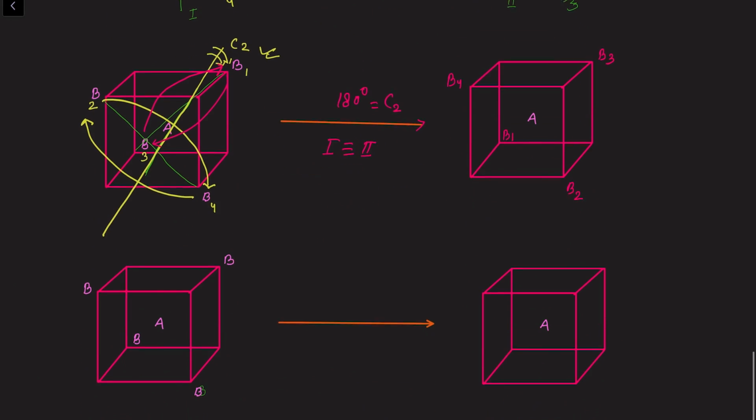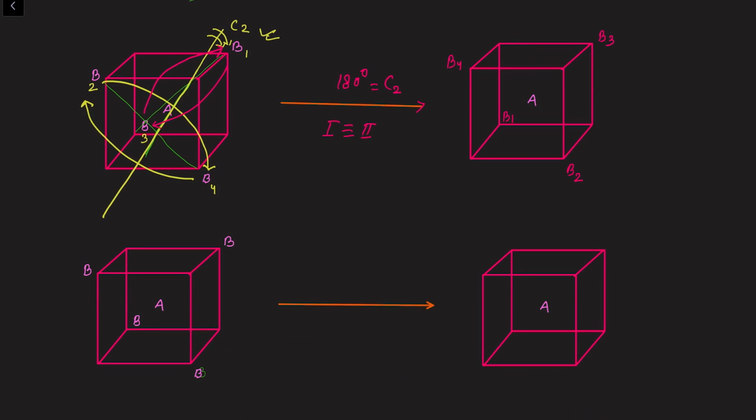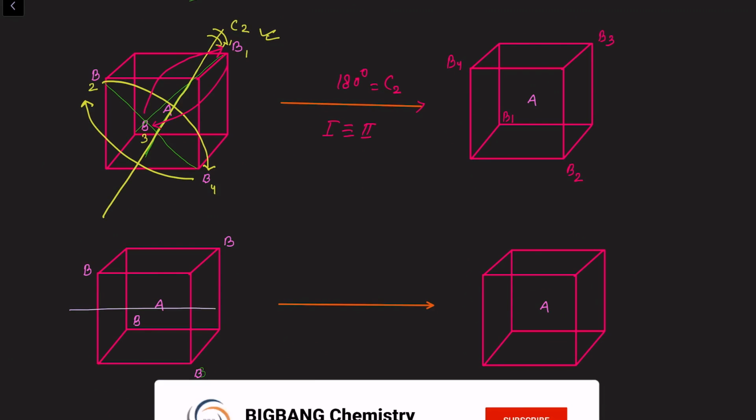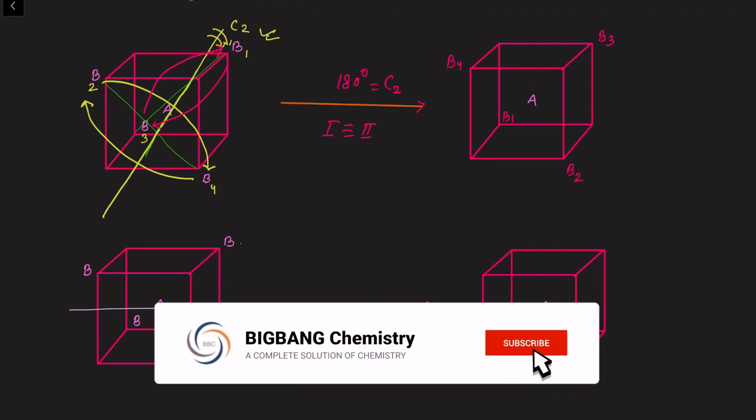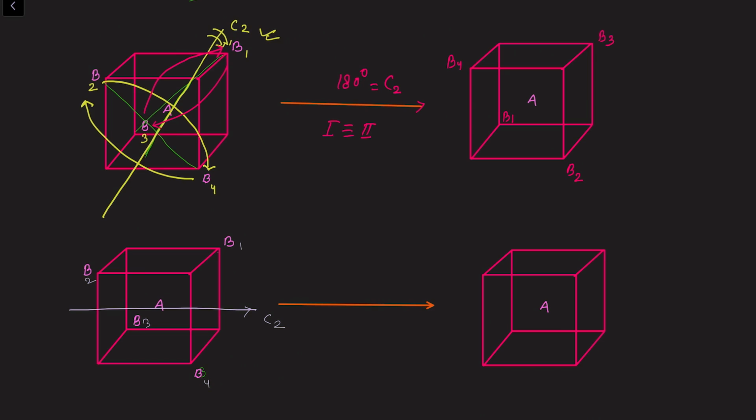Now check the third one. We are going to perform this C2 operation about this C2 axis. Again mark it B1, B2, B3, B4. In this operation, these two surface B atoms will interchange their positions. So when we rotate this molecule in this direction, be careful with the direction. B4 will interchange its position with B1, and B1 with B4.